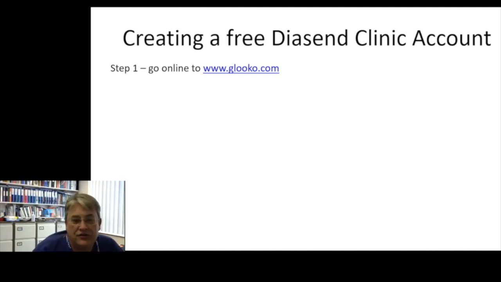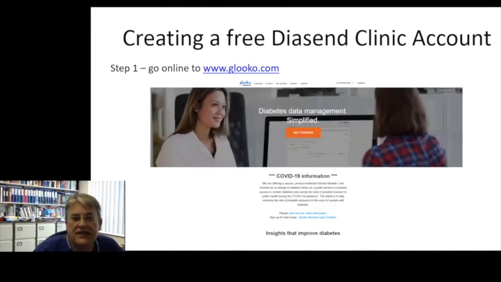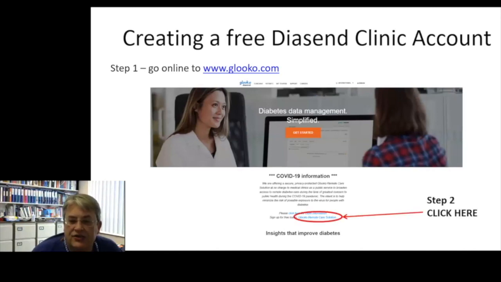If you go to gluco.com, what you will see is this screen. And to get what they're calling a remote care solution, you just click that second blue hyperlink on their opening screen.